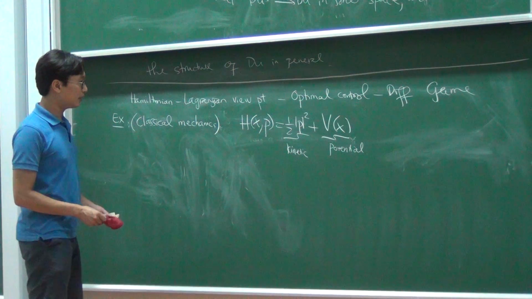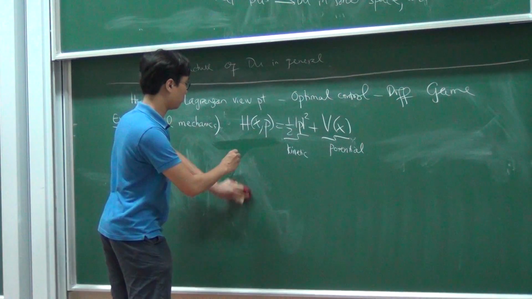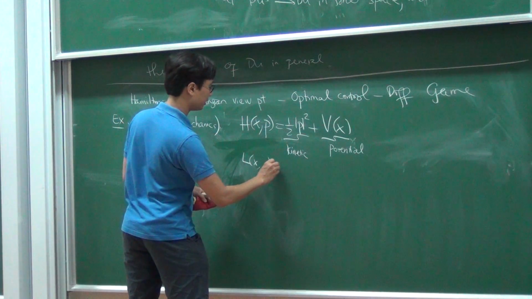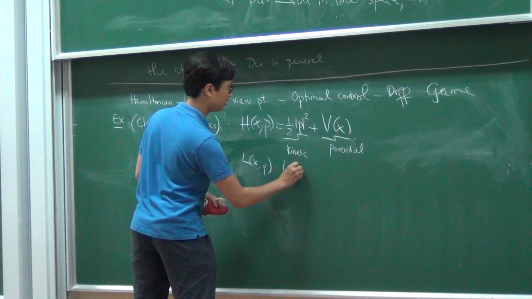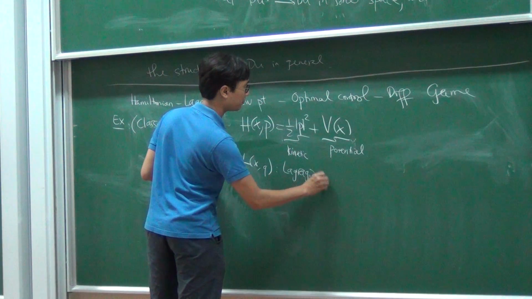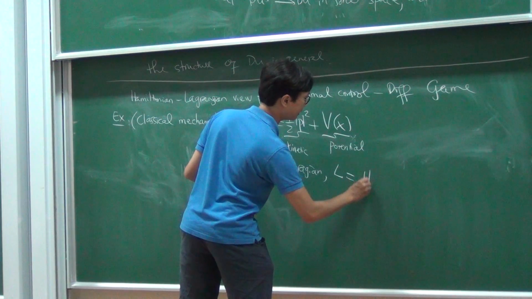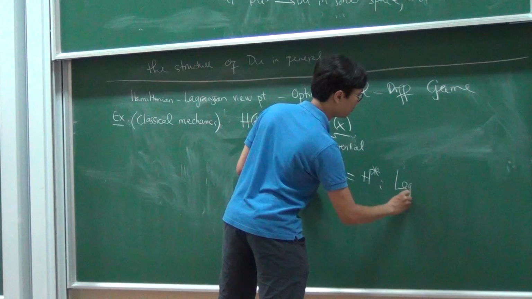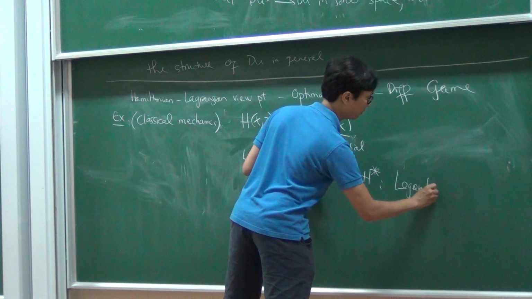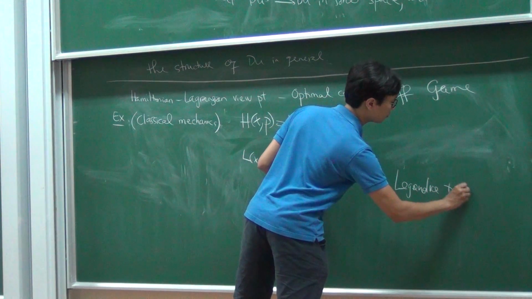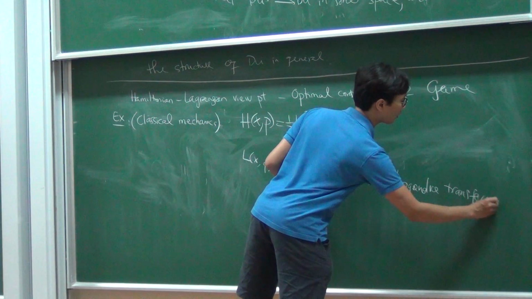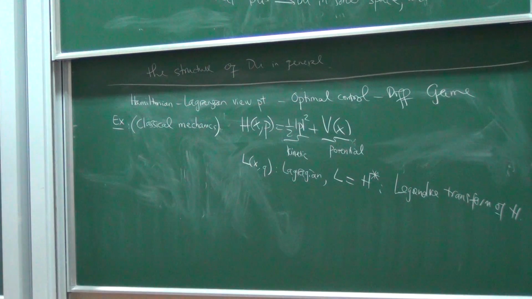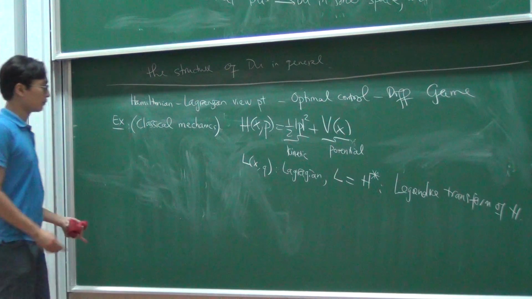And then we have the Lagrangian L(x, q). It's often denoted L = H*, which is the Legendre transform of H. So what do I mean by Legendre transform?